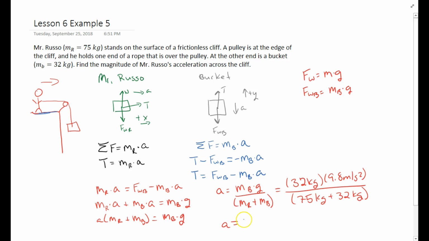And we get an acceleration of 2.9 meters per second squared.